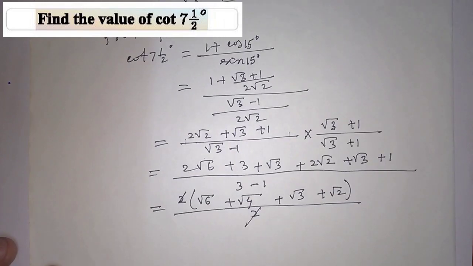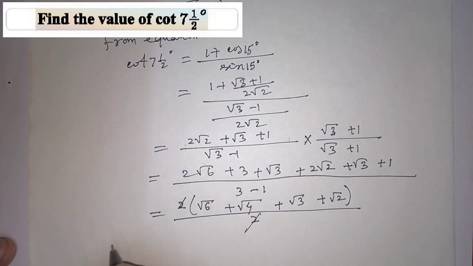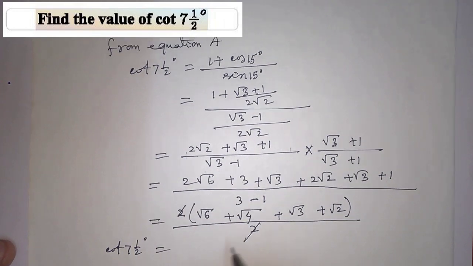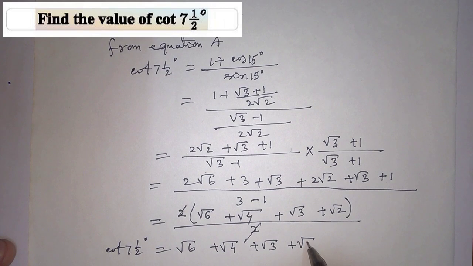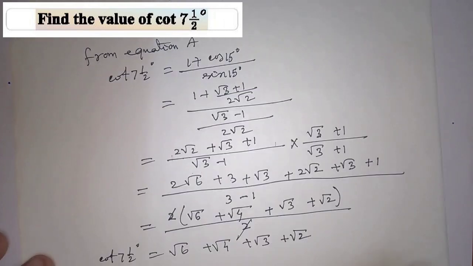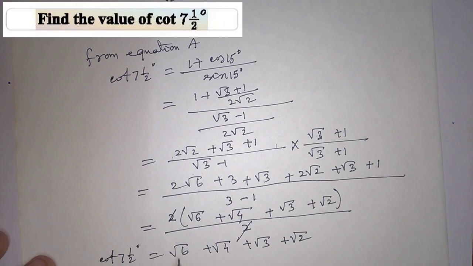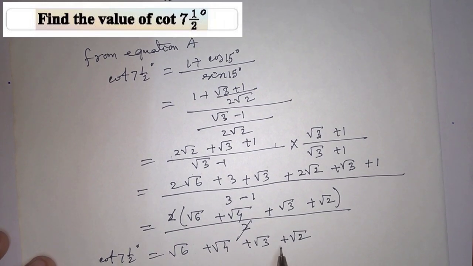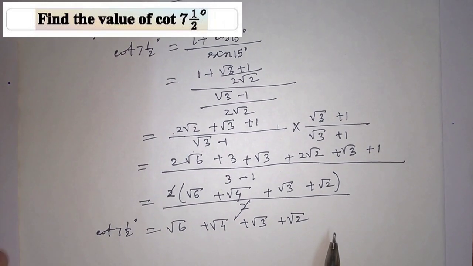Therefore cot of 7.5 degree is equal to root 6 plus root 4 plus root 3 plus 2. This is the answer. So the value of cot 7.5 degree is root 6 plus root 4 plus root 3 plus root 2. So the problem is solved.